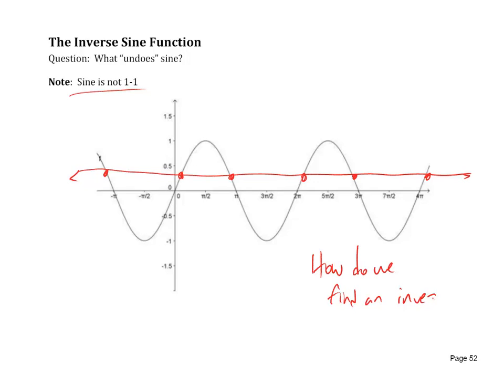And the answer is restrict the domain. In other words, when we ask for the function that undoes sine, we don't want a value that gives me an output over every real number.